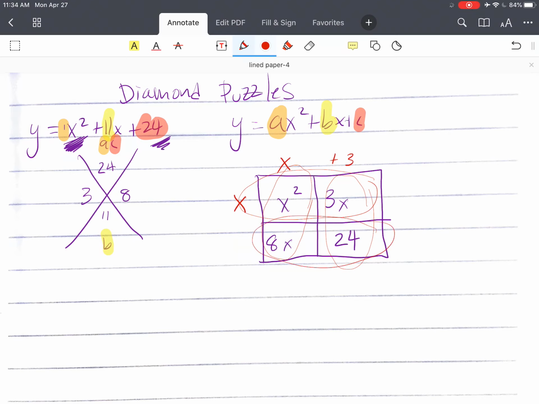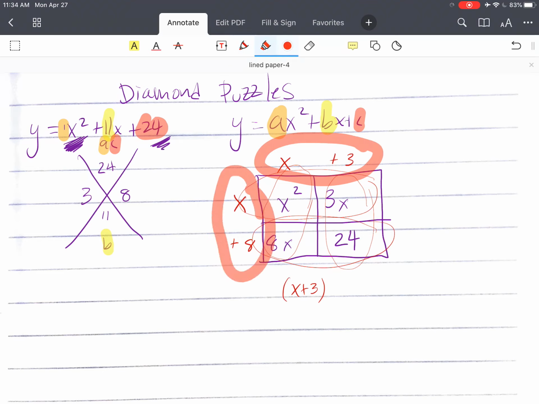And now we got to do the last one down here, 8x and 24. What can you pull out from both of those terms? A positive 8, right? You have now completely factored the box. And what you get is, here, let me use a highlighter, you have x plus 3 in parentheses.